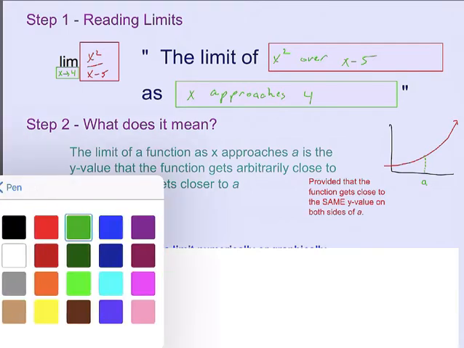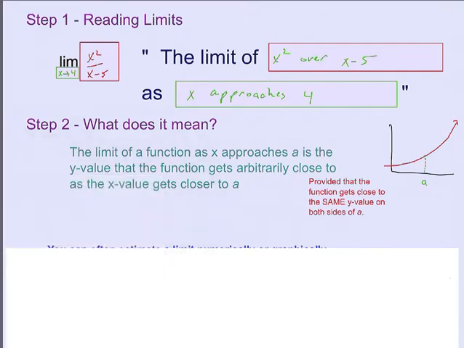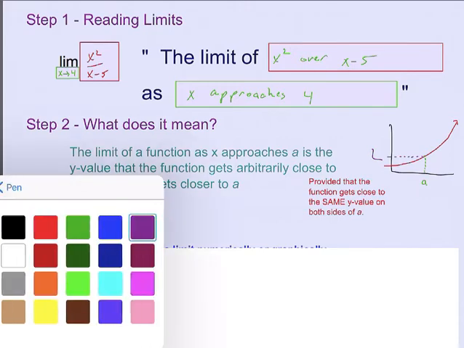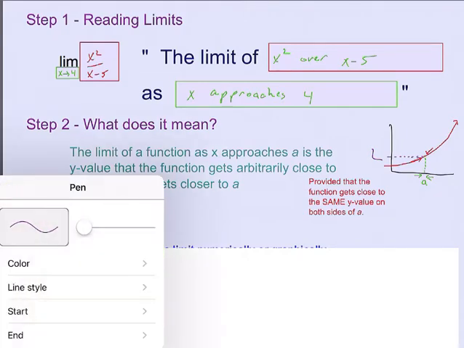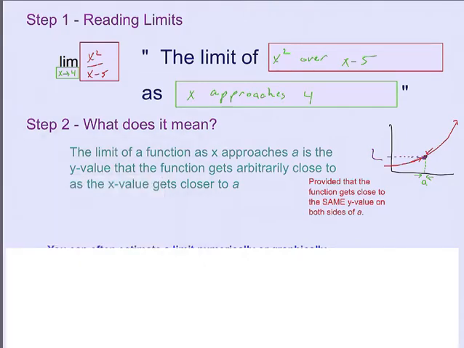The limit would be this y value right here. One way we often describe it is as the x value gets closer to a from both sides, the y value of the function, or the output of the function, is getting closer and closer and closer to whatever this y value is right here.